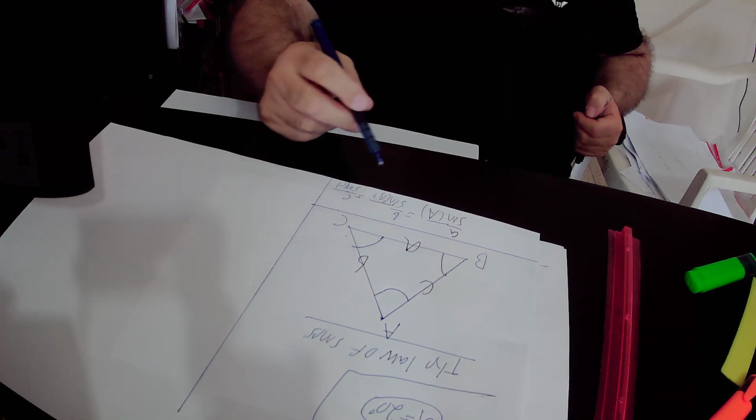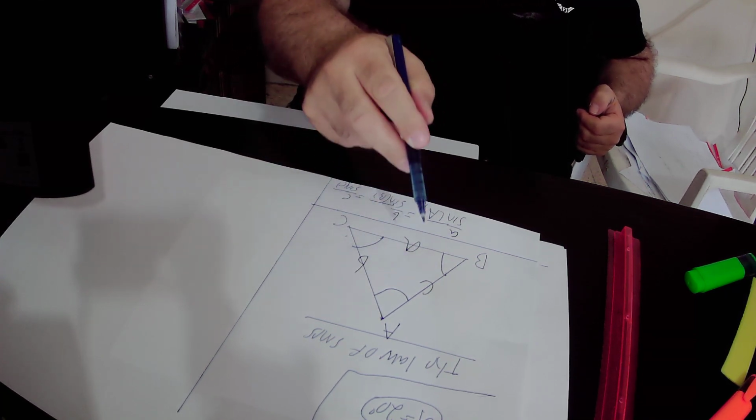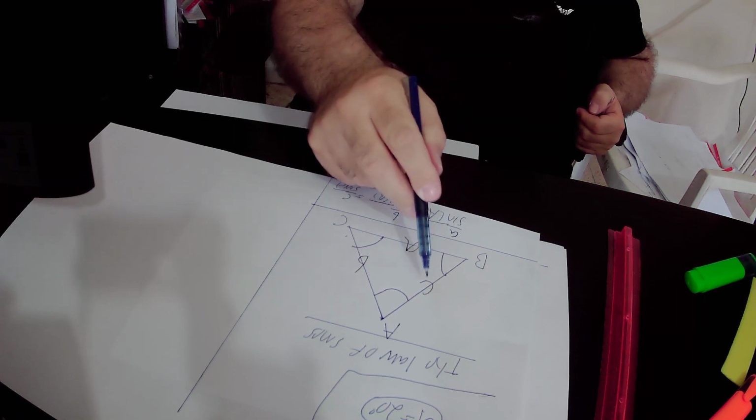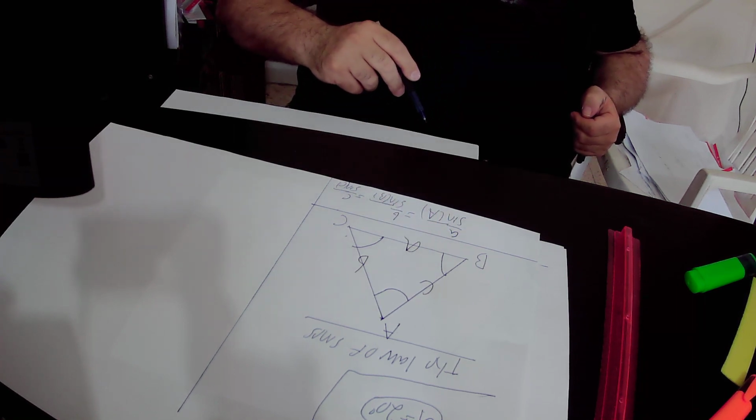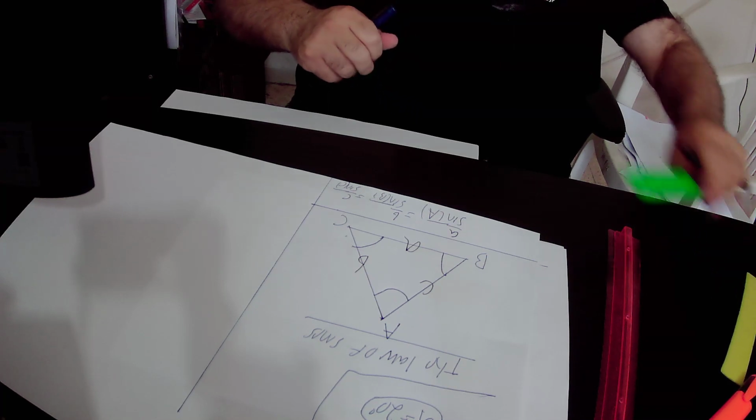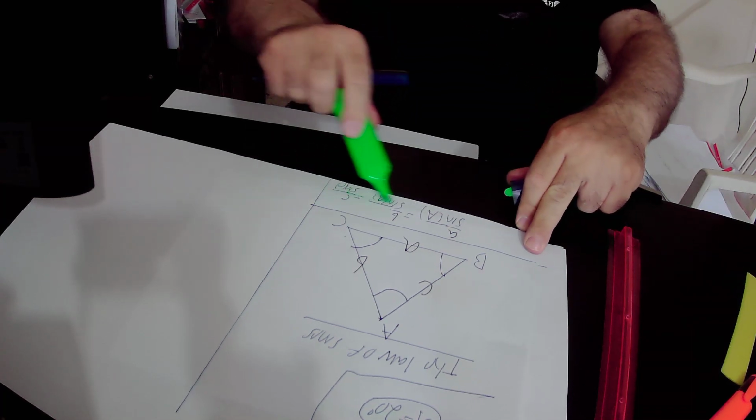So according to the law of sines, a over sine A equals b over sine B equals c over sine C. And this equation is true for any triangle.